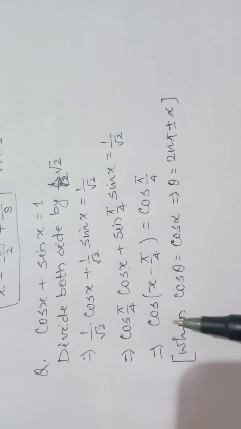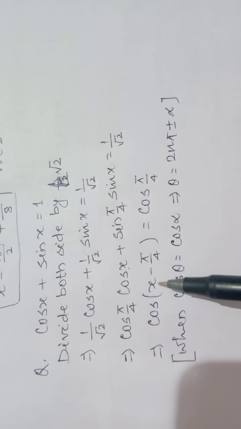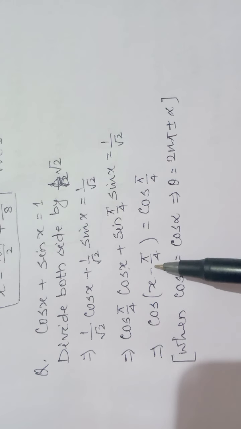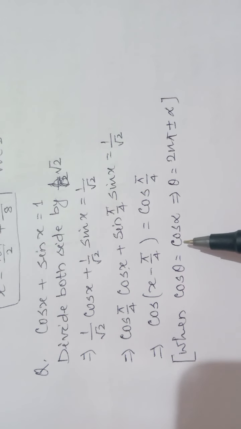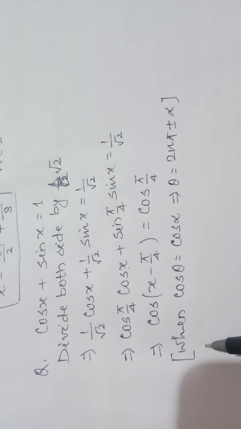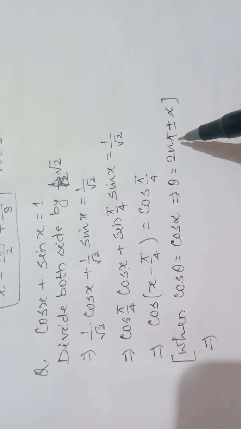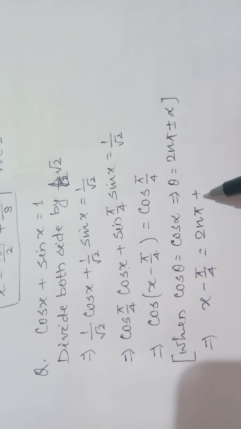In this way, when cos theta means cos of x minus pi by 4, theta is equal to x minus pi by 4 and alpha is equal to pi by 4. So theta is equal to 2n pi plus minus alpha. It means x minus pi by 4 should be equal to 2n pi plus minus pi by 4.